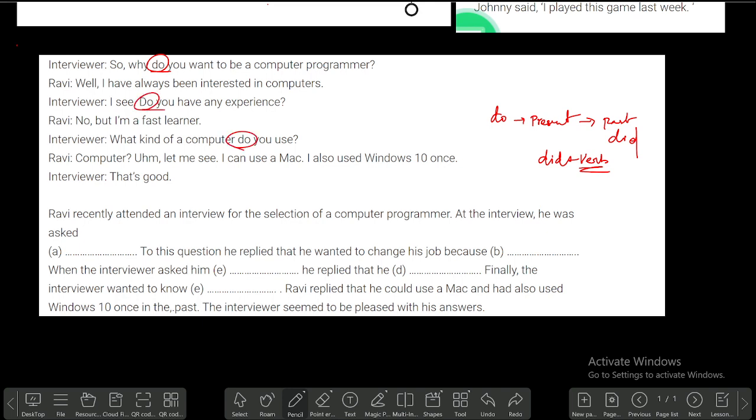Listen here. Here we have a verb in the question. What is it? Want. So do plus want. But when we change it into past form, there we have to add did plus verb. So did plus want means what should be your answer in indirect form?